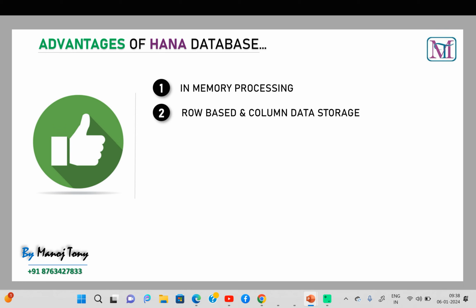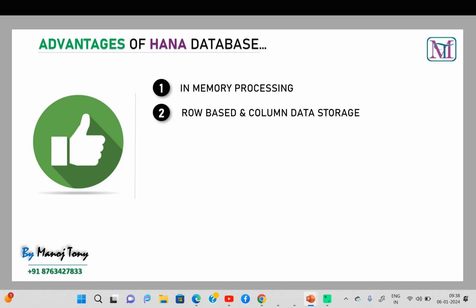So, row-based and column-based storage. If you remember, in ECC data was stored only in row-based storage, but here data will be stored in row-based, and in the backend data will be stored in column-based as well, in compressed mode.